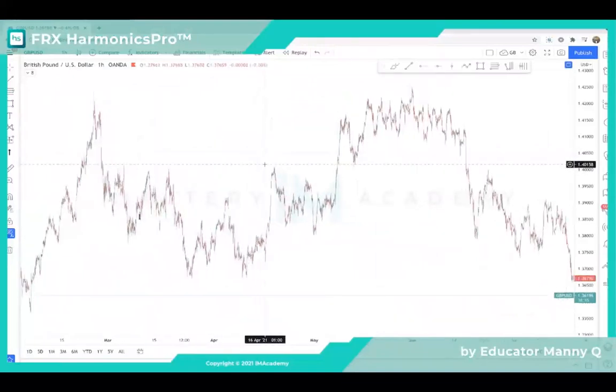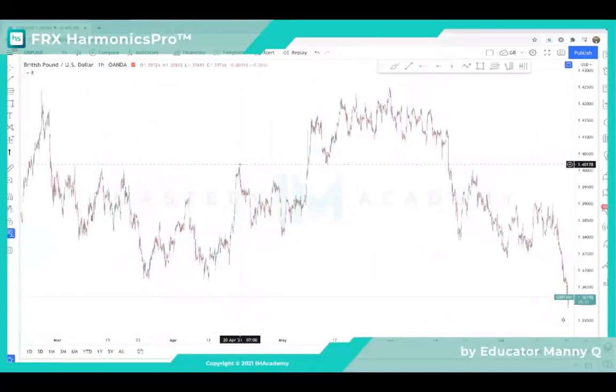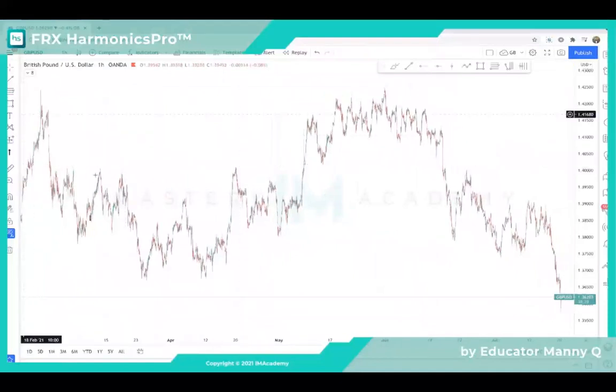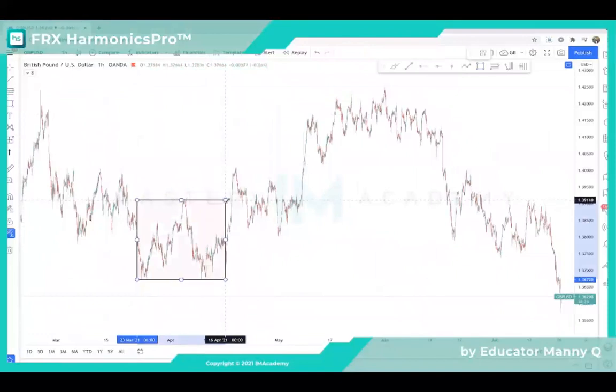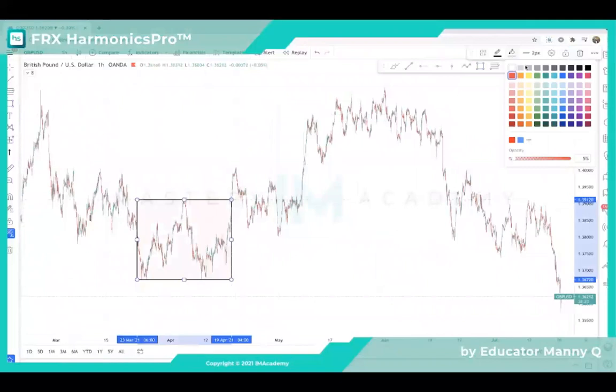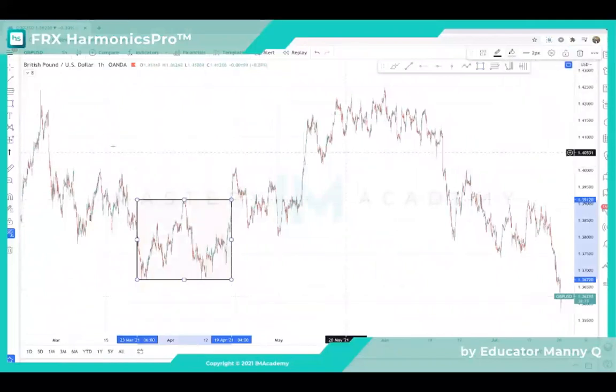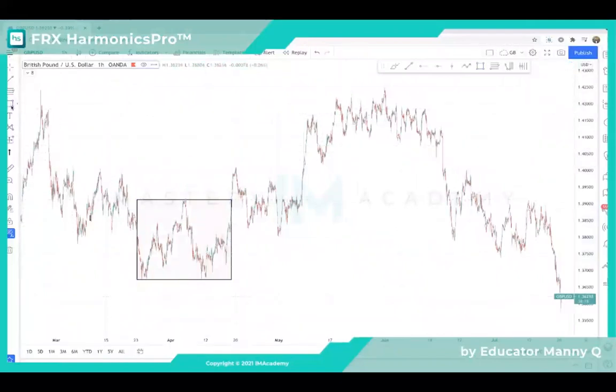What I want you to notice are 2 key areas. I want you to look at this key area where the market begins to move in a strong sideways range. We're going to adjust those colors right over there. And then I want you to look right over here at this large sideways range inside of the market.